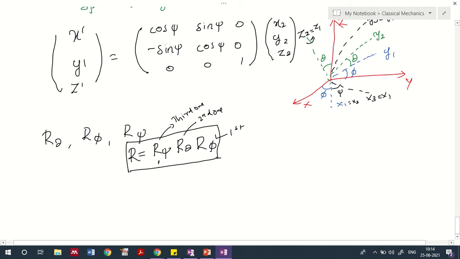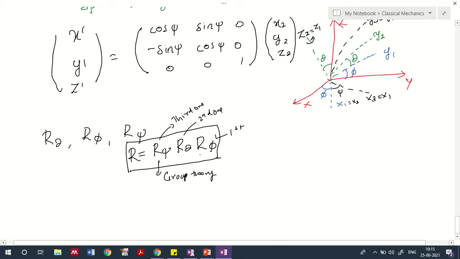You can see a similar representation in group theory, in second semester mathematical physics 2, and the same way we do it for crystal symmetry rotation also.